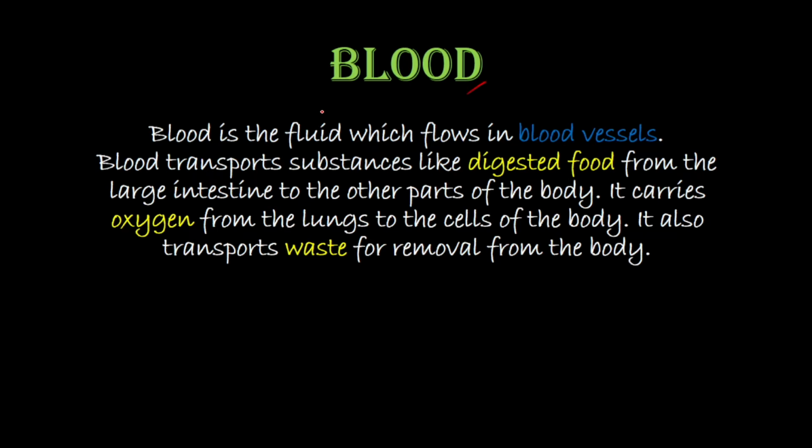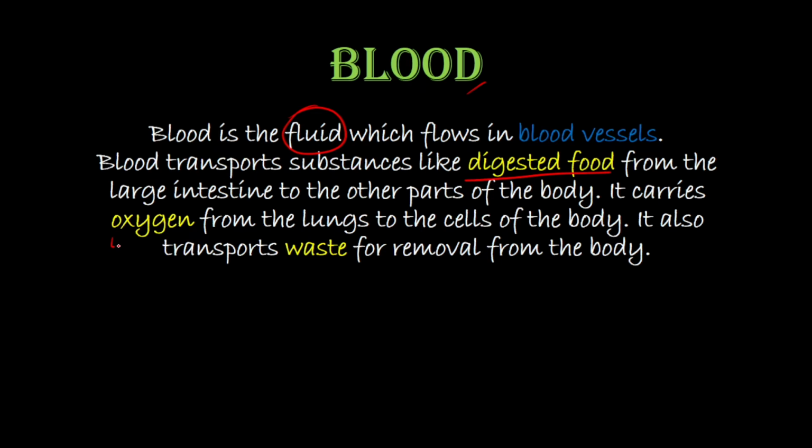So you know that blood is a fluid, right? It is a liquid which flows in blood vessels continuously. Blood vessels are those tubular structures inside which the blood flows. Now blood takes along with it the digested food, right? The food that we digest goes into the small intestine, and from the small intestine it goes to all the body cells through the process of assimilation that we have already discussed in nutrition in animals.